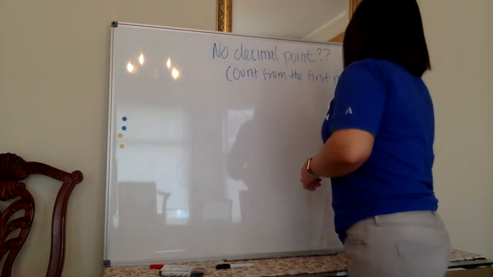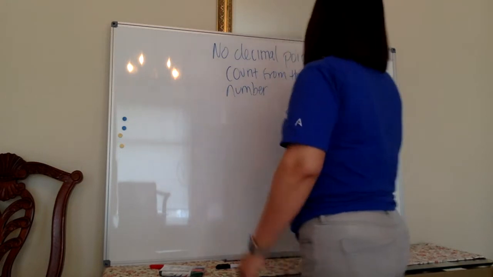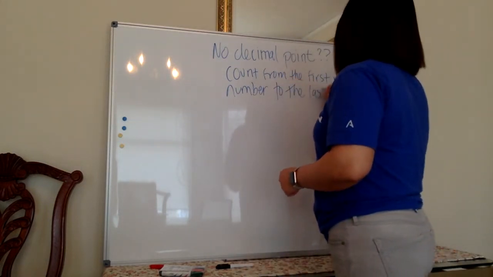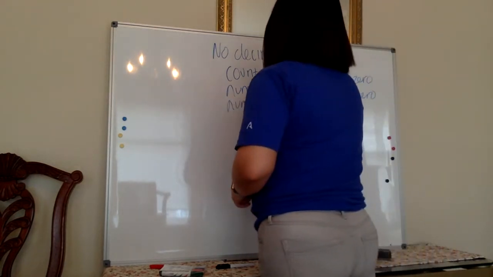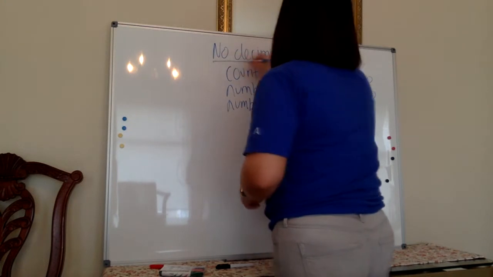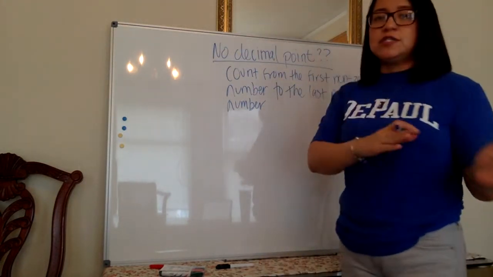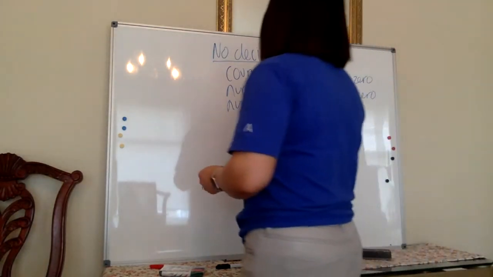Remember, a non-zero number is a number between 1 and 9. So count from the first non-zero number to the last non-zero number. Again, this is for no decimal point. If there is no decimal point, you count from the first non-zero number to the last non-zero number. How about if there is a decimal point?